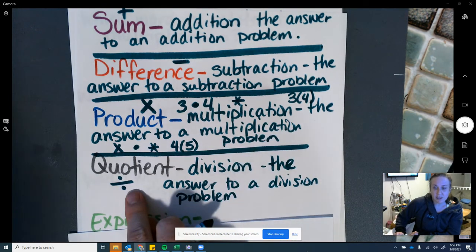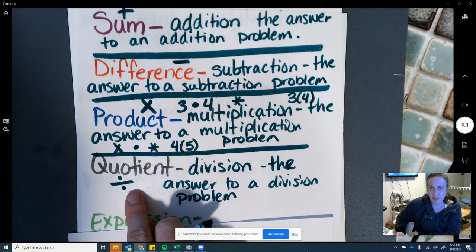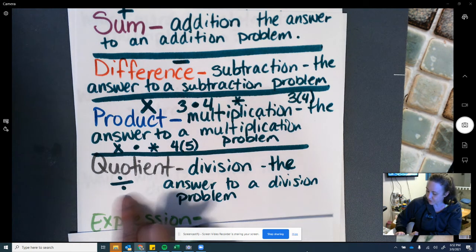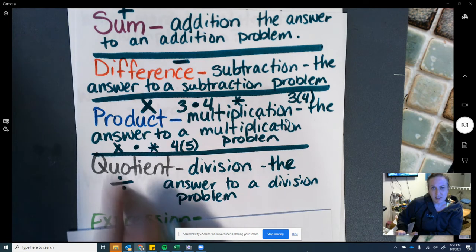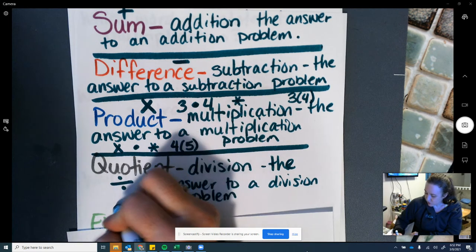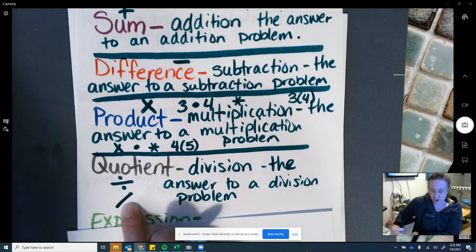When you're typing into chat or when you're using the computer to write down a division expression or equation, this symbol does not exist on the keyboard, so you might have to use the forward slash.